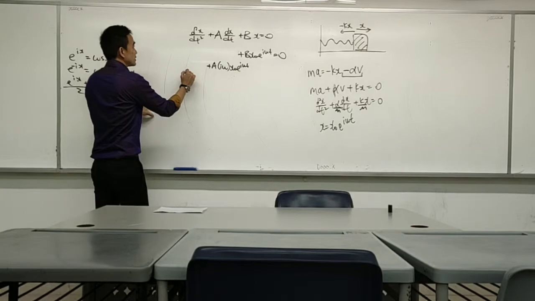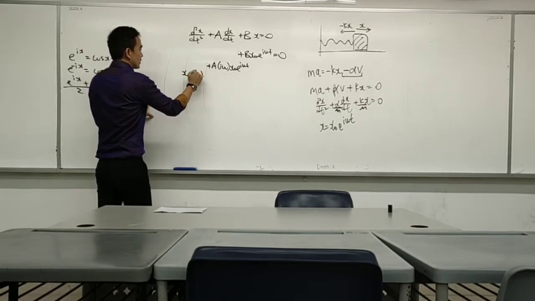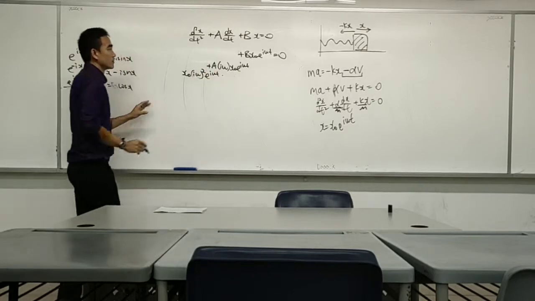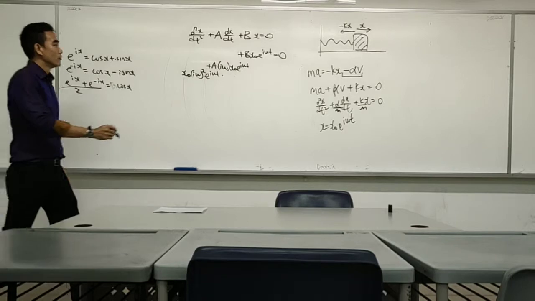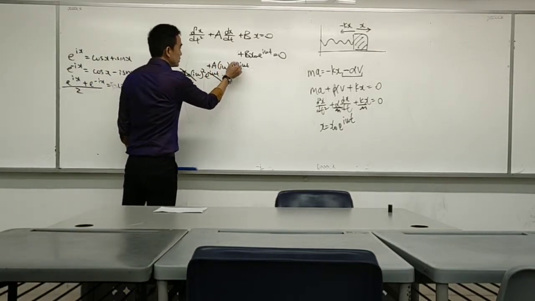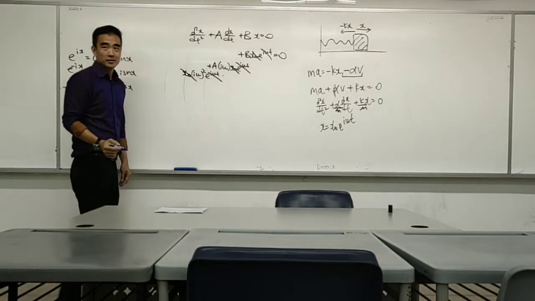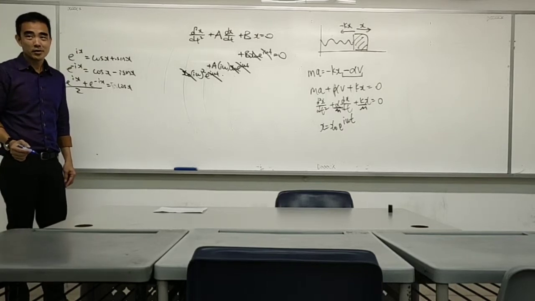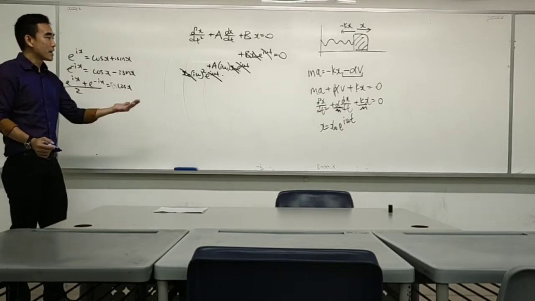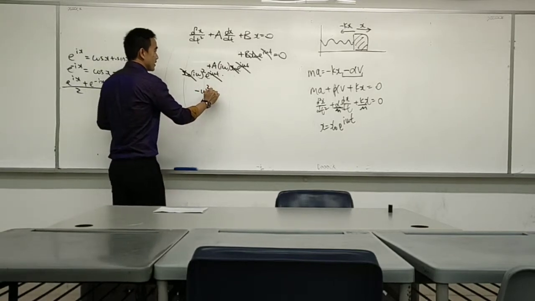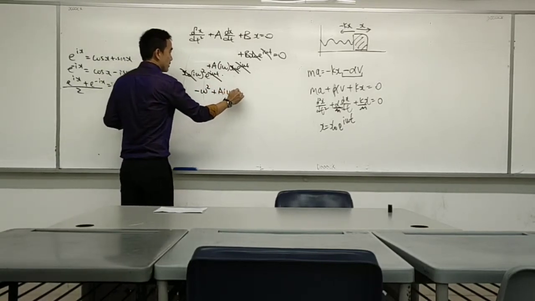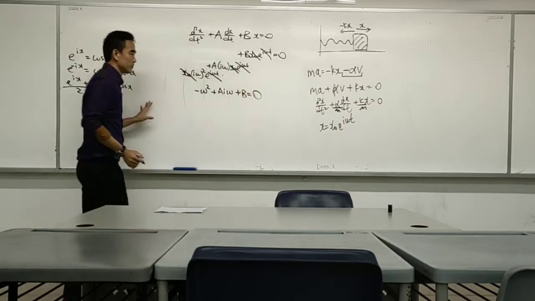Then plus, I differentiate again, and I bring i omega out twice. Now, beautifully, I can cancel this. I divide throughout by x naught e to the i omega t. So what I have over here is minus omega squared plus a i omega plus b equals 0.